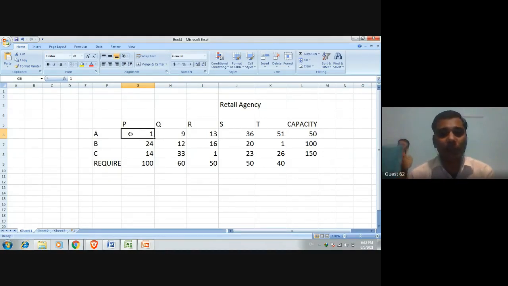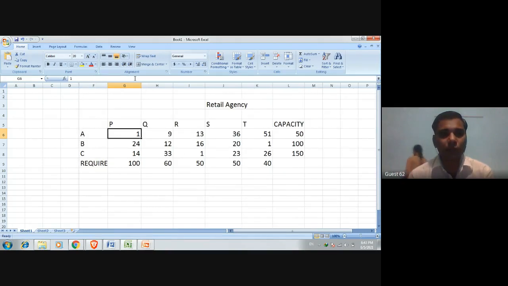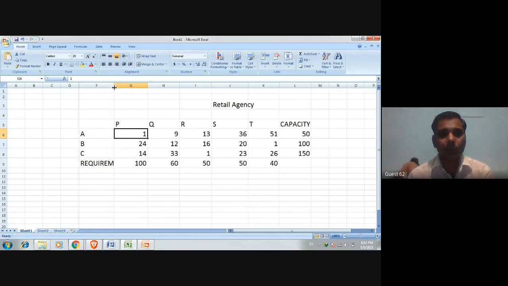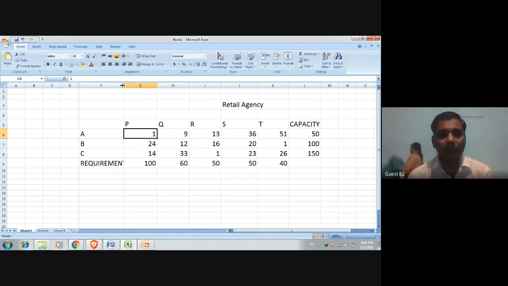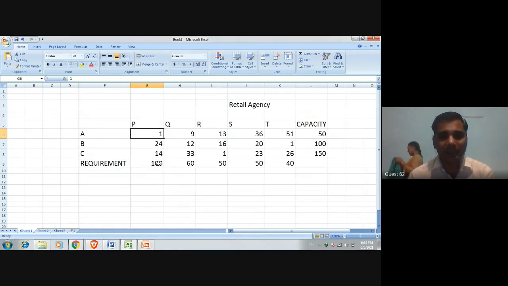So first of all, we will allocate as many units as possible, which is the minimum between the capacity and requirement. In this situation, the requirement of retail agency P is 100 units and the capacity of warehouse A is 50 units. So which one is minimum? That is 50. So we will allocate 50 units to this cell.